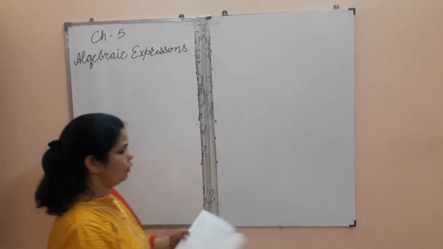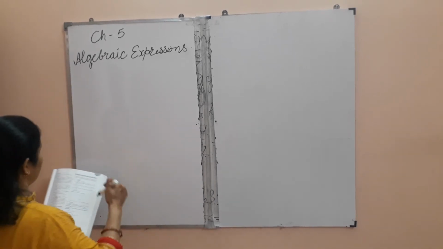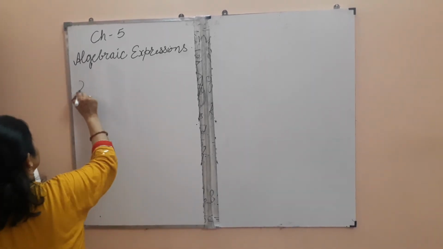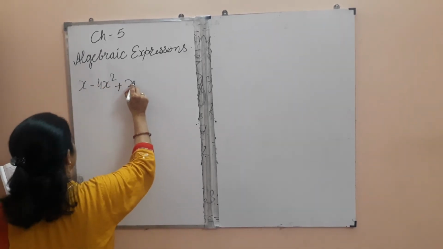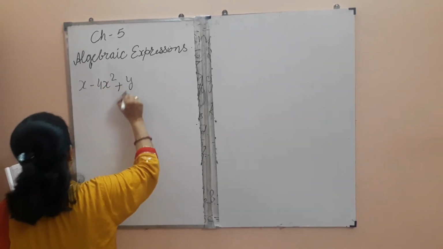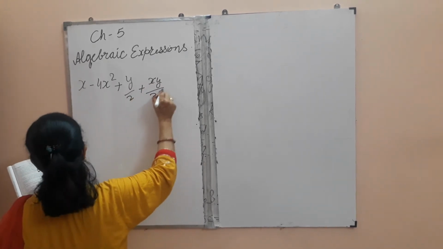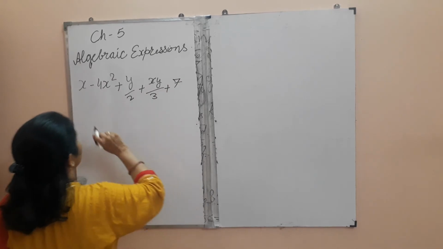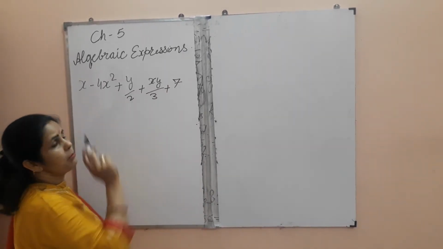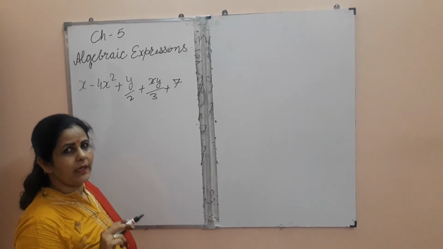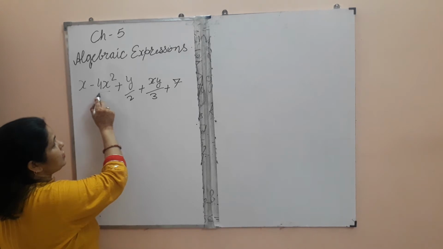Next, we will do terms of an algebraic expression. We will take one example: x minus 4x squared plus y upon 2 plus xy upon 3 plus 7. The terms are separated by plus and minus signs, not by multiply and division signs. So this is multiplication, so this is one term only.